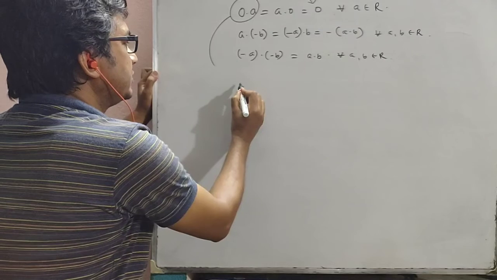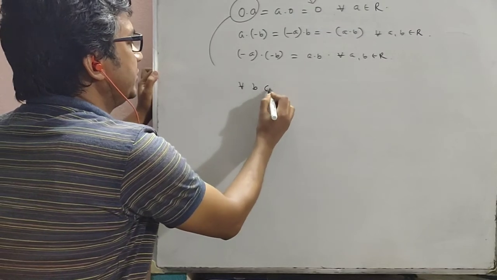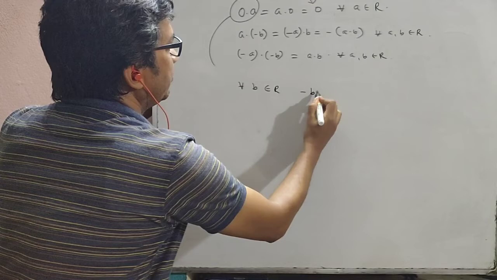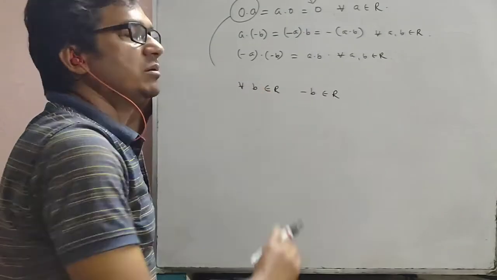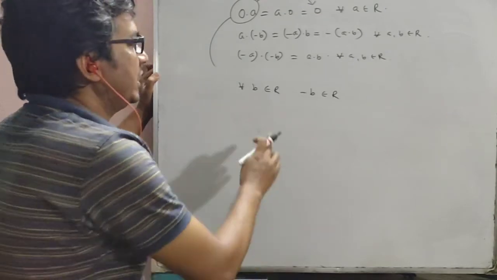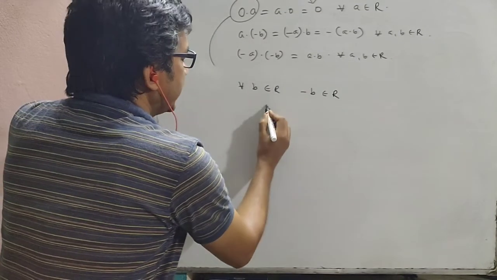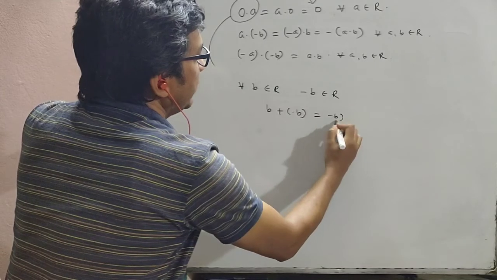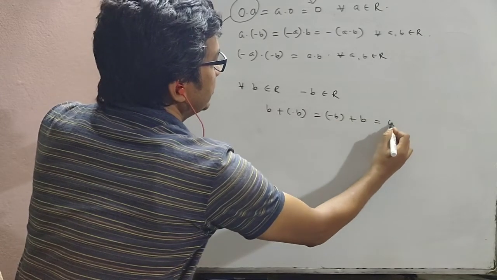In a ring, for all b belongs to R, we know that minus b belongs to R. This is the inverse with respect to addition, such that b plus minus b equal to minus b plus b equal to 0.